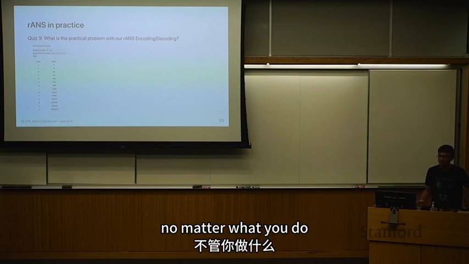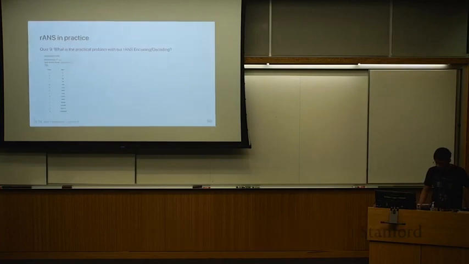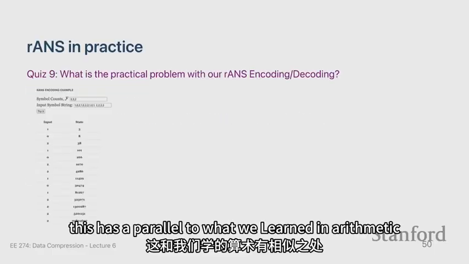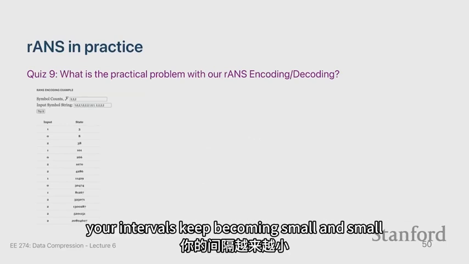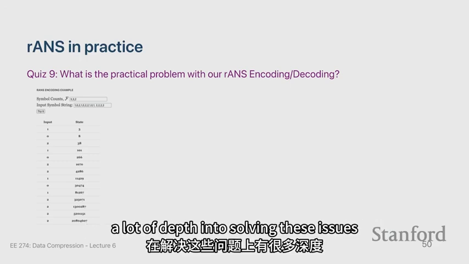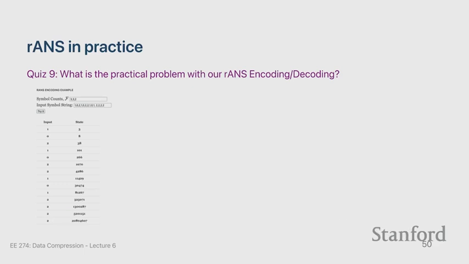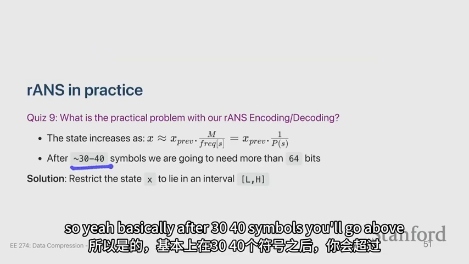This has a parallel to what we learned in arithmetic coding also. As you keep multiplying probabilities, your intervals keep becoming smaller and smaller. A lot of practical compressors go into a lot of depth in solving these issues, because these are very important and practical issues. So basically after 30, 40 symbols, you'll go above.